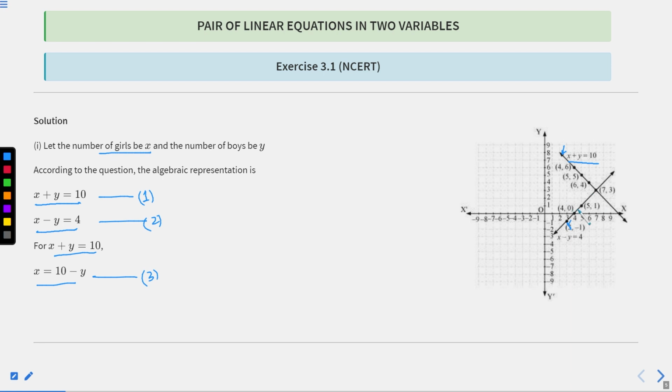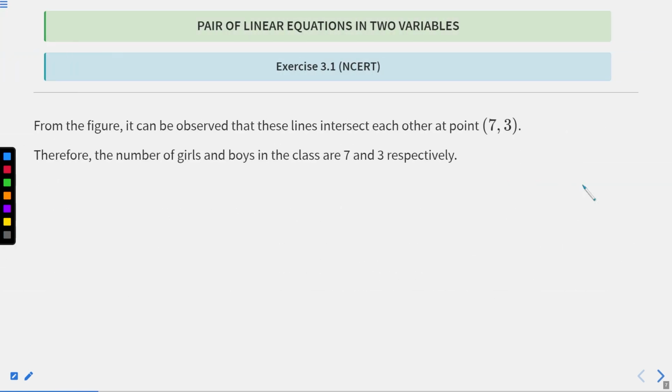So from the figure it can be observed that these lines intersect each other at the point 7, 3. So therefore the number of girls and boys in the class are 7 and 3 respectively.